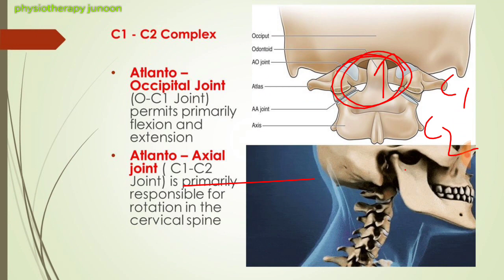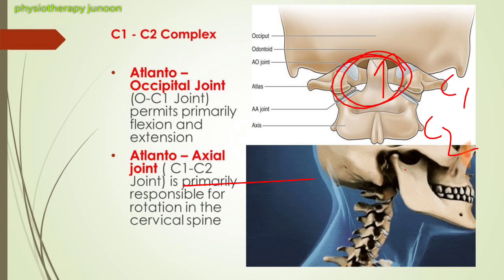When we palpate posteriorly, our hand after the occiput directly slips onto the C2 spinous process and it makes the atlantoaxial joint. The axis also contains superior articular facets which articulate with the inferior articular facets of the atlas.